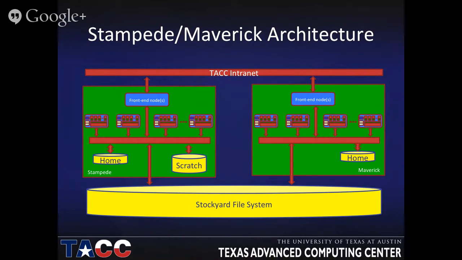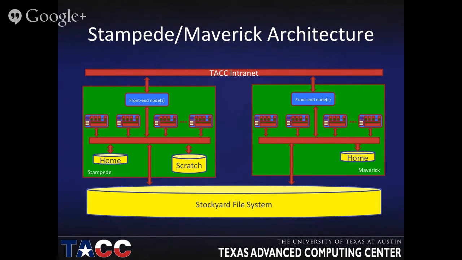We have this huge file system called Stockyard, and it's a parallel file system, and it is accessible from Maverick and from Stampede simultaneously. Each one of them has a private home file system where your normal files would be. And Stampede has a very large scratch file system where you can put temporary files.